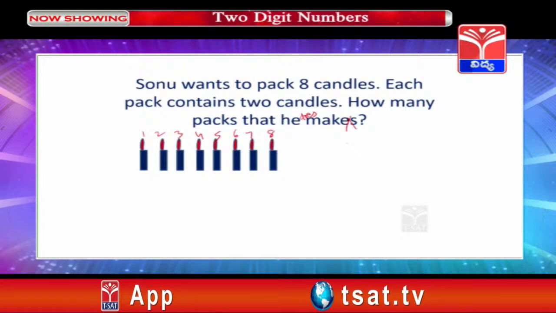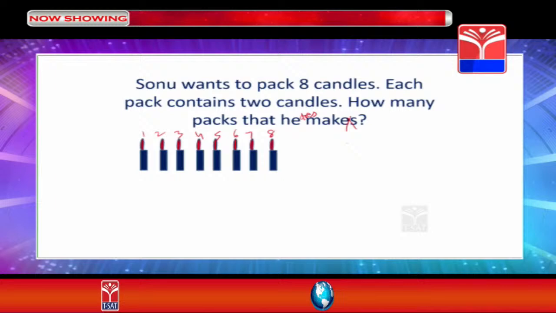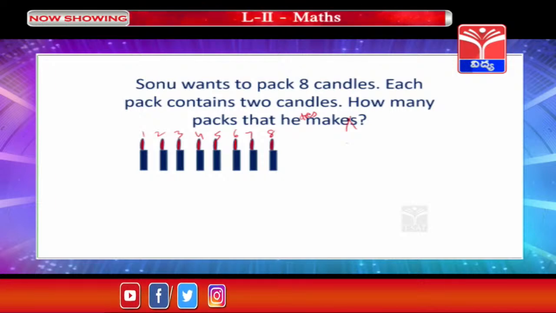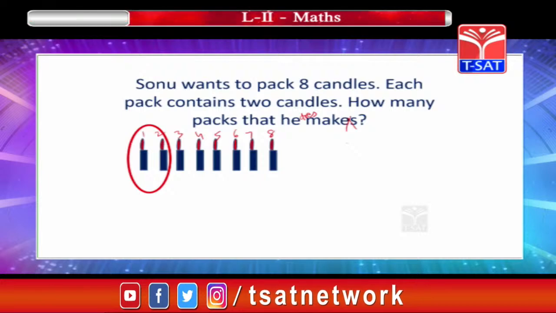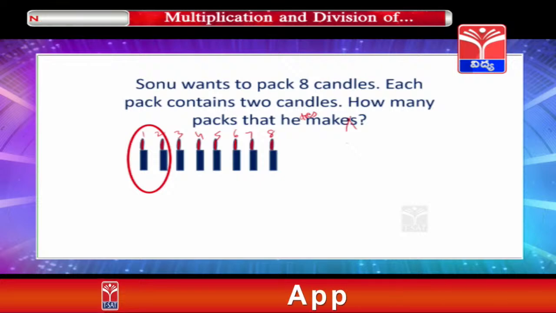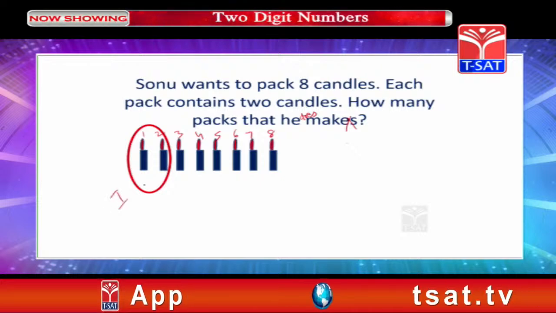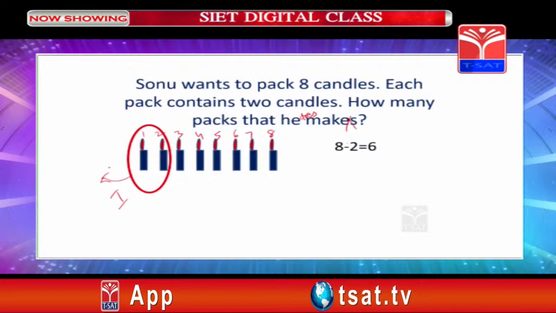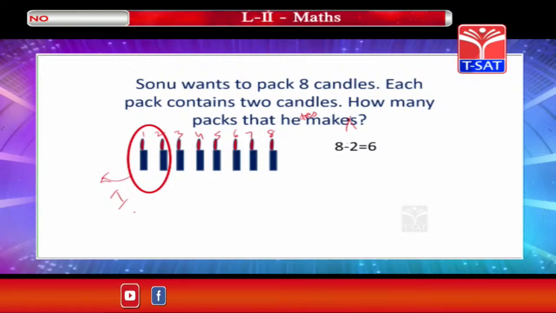But the condition is there, each pack contains 2 candles equally. So, we are regrouping the candles in 2, 2, 2, 2, right? This is first group. So, 2 will be packed with 2 candles in one pack. Remaining are 6.